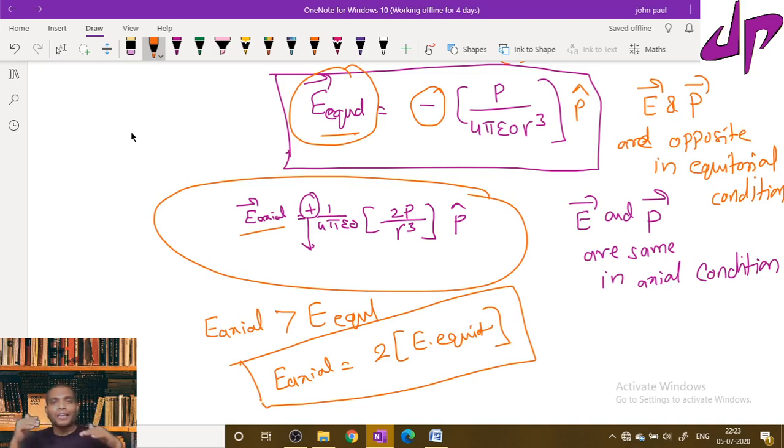But if we take the equatorial line, a point along the perpendicular to the dipole axis, at that point the electric field is less than the electric field at the axial point. And at an equatorial point, the direction of the electric field and the direction of the dipole are opposite.